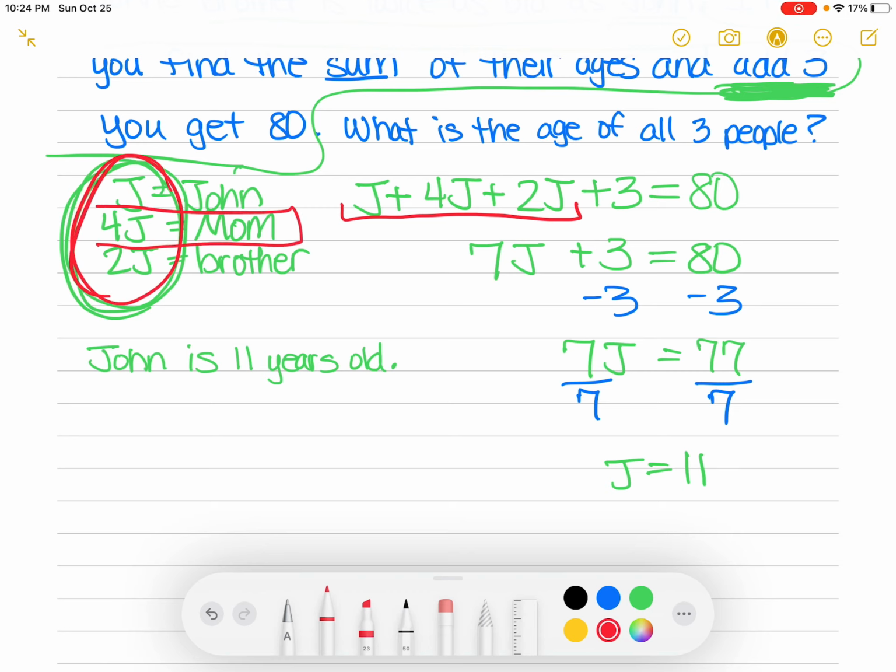So mom is 4 times J. So I'm going to do 4 times 11, and I'm going to say mom is 44 years old. And then I have to find out the last one, which was his brother, and his brother is twice as old. So brother is 22 years old.